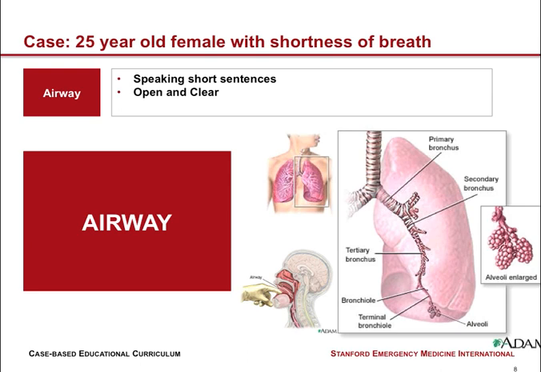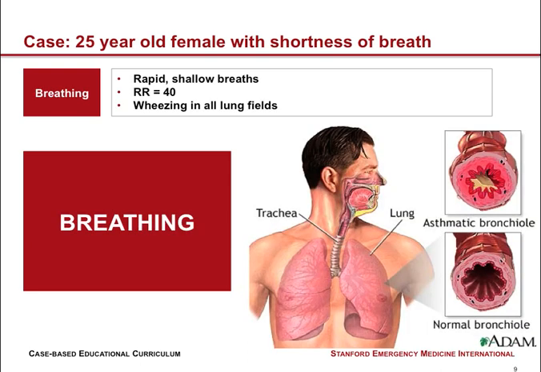Exactly. If the airway is closed, you would think that there's some element of an obstruction, either their tongue or they're choking or something along those lines. In this case, she was speaking very short sentences, but her airway was open and clear. The next thing we do is we move on to breathing.